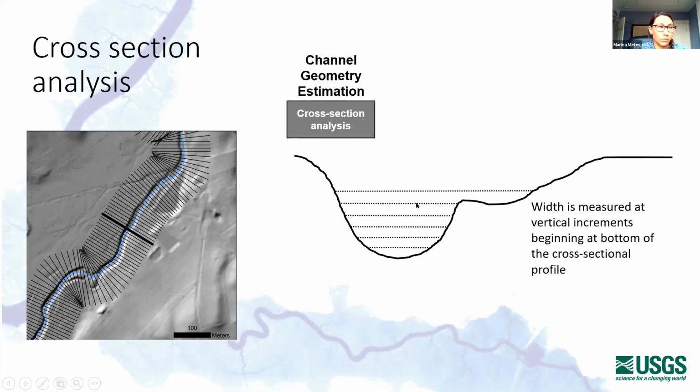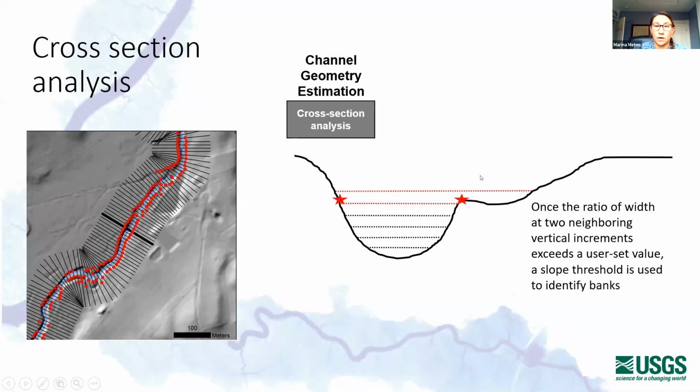You can see the width between this vertical increment here and the next highest one is much larger, so this would exceed our ratio. Within this region is where FACET will search for the actual stream bank location using a slope threshold.